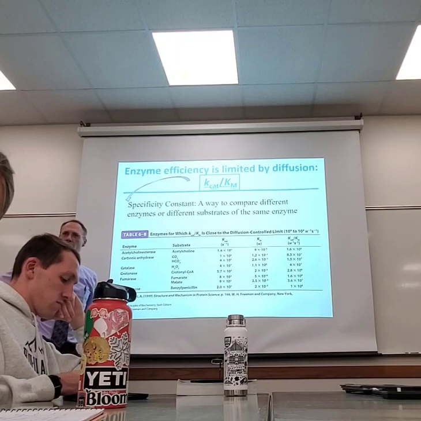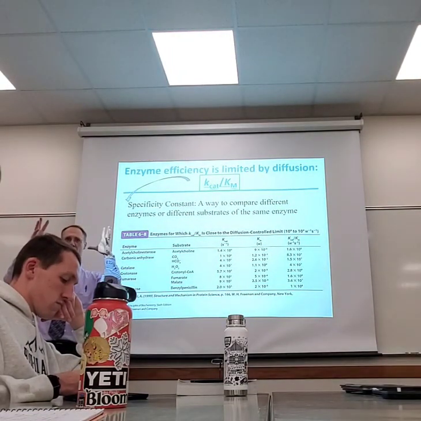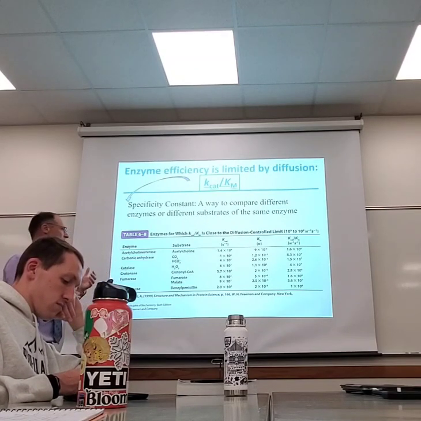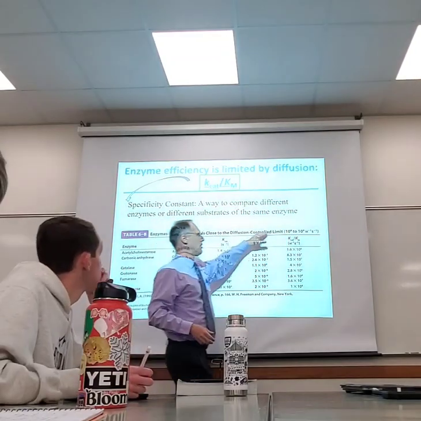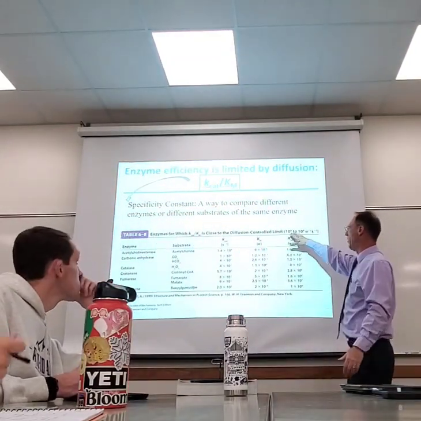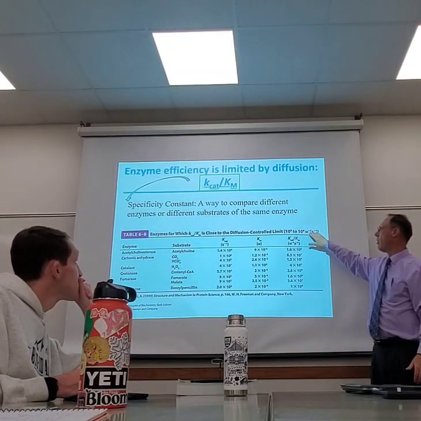And it's actually limited by diffusion. How fast can I exchange when I'm doing my reaction and put the next one on? So the diffusion limit in a reaction, if I don't worry about loading it up, is about 10 to the 8th to 10 to the 9th per molar per second.